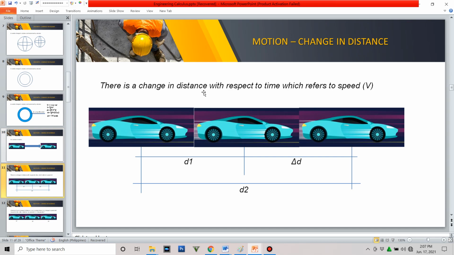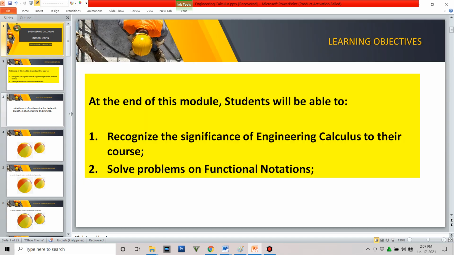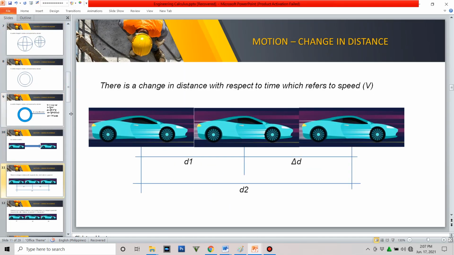Hence, we can say that the differential in the distance, say we'll just represent that by S, with respect to difference in time, shall equate to speed or velocity. Meaning the differential of distance with respect to time, there will be a corresponding speed, or what we call velocity.